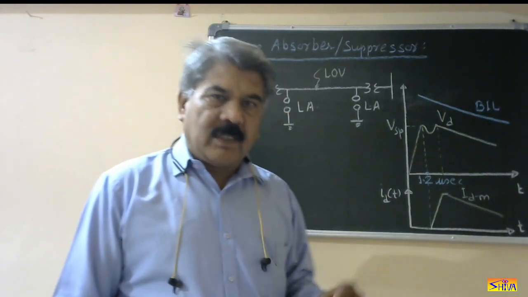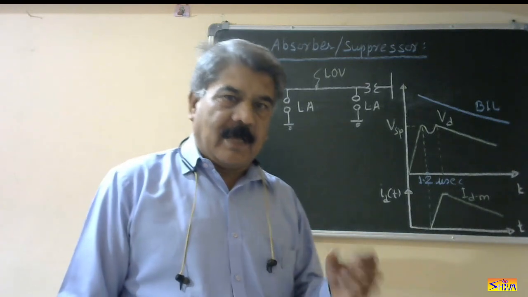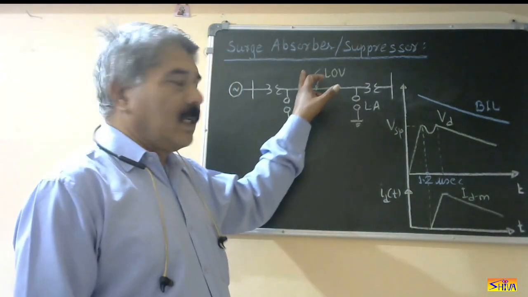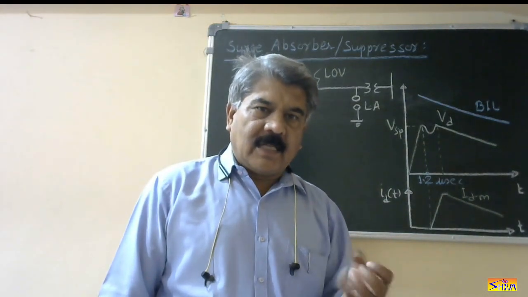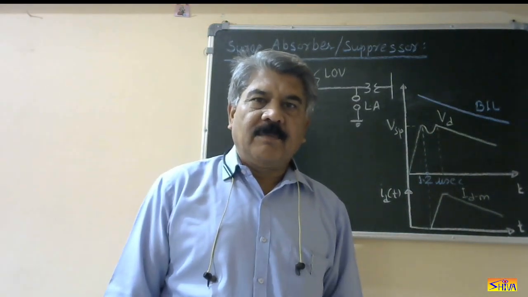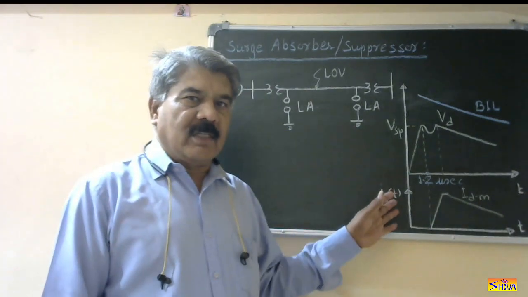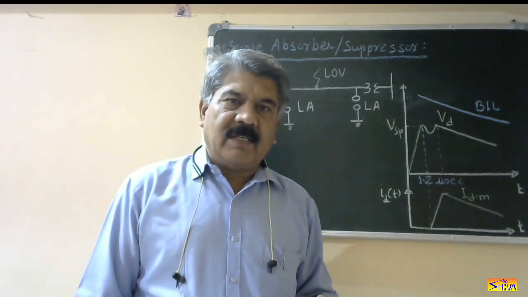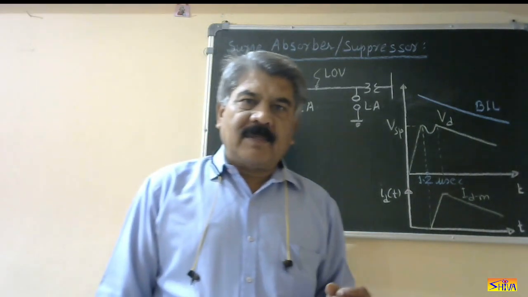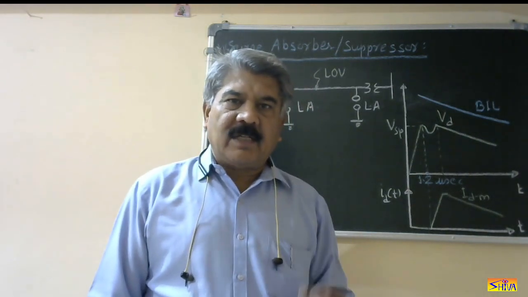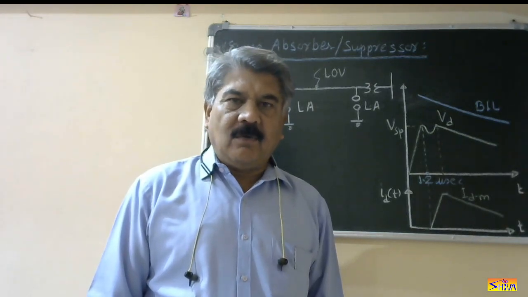So to reduce the steepness of this lightning over voltage and absorb some energy, we are using a device that is called as surge absorber. It is absorbing some of the energy of the surge and reducing the steepness. So definition is, it is a device which absorbs energy of the surge and reduces the steepness of the lightning over voltage.